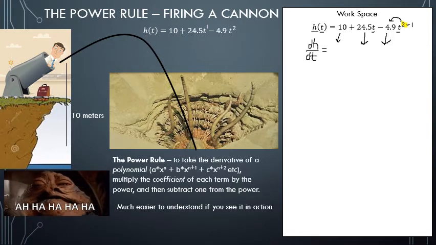So we started with negative, gotta remember the negative. We started with negative 4.9 t squared, and then we do the power rule. So we move the exponent in front. So that becomes negative 4.9 times 2, which gives us negative 9.8.